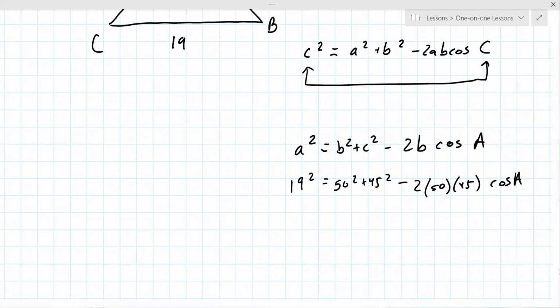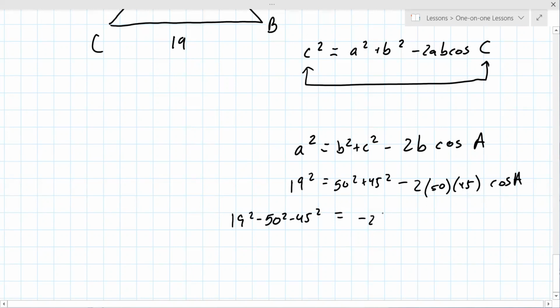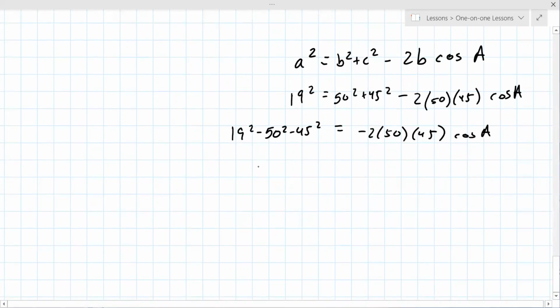All right, now there's a lot of numbers here. It's up to you if you want to multiply these out. Your calculator can handle all of this if you want. You have to move these two numbers to the other side, so it's 19 squared minus 50 squared minus 45 squared equals -2 times 50 times 45 cosine A. And then you want to bring this to the other side as well, so you divide both sides by it.